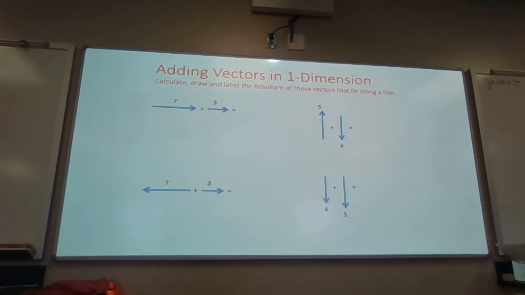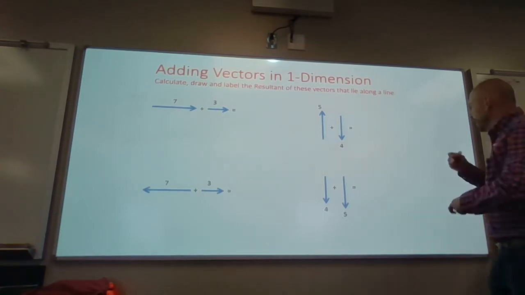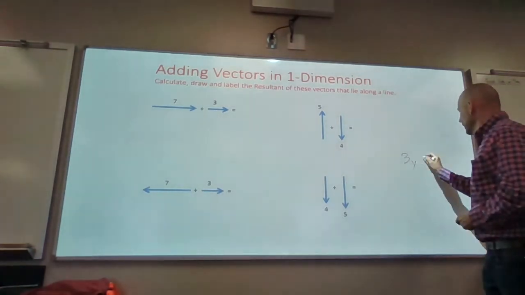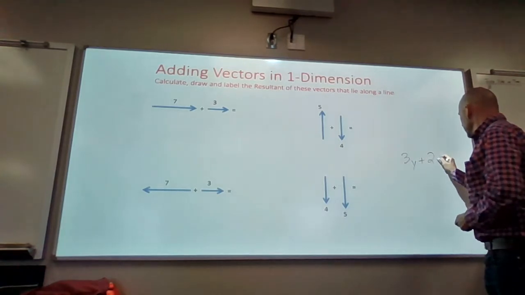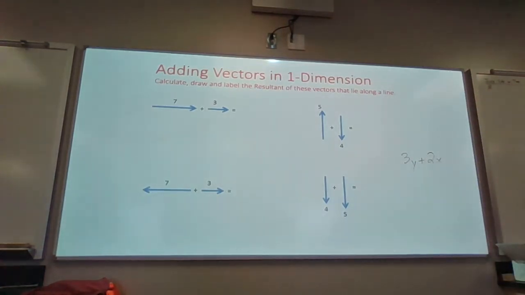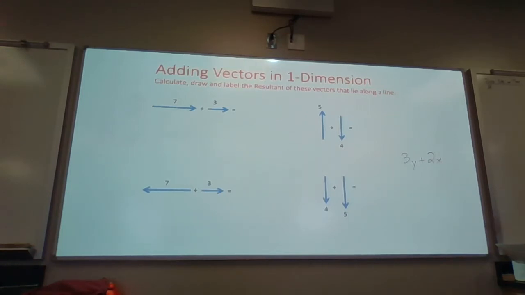Now, a quick little warning on that statement. You can't add force plus velocity. You can't add things that have different units. Just like in math class, can you add those two? No. Only when they have the same variable can you add them.